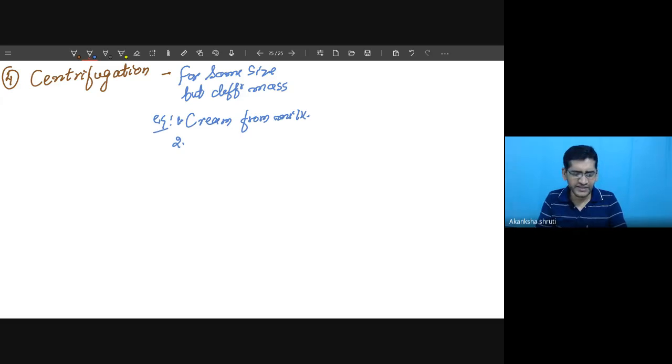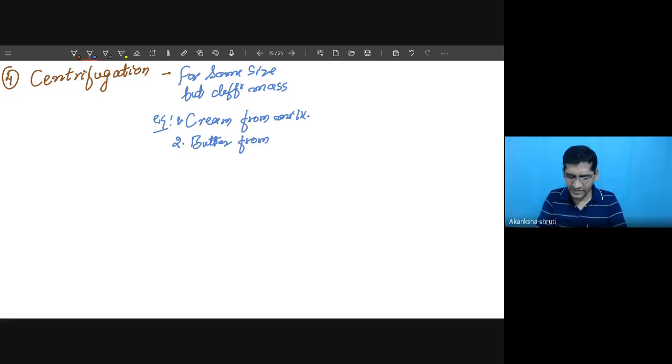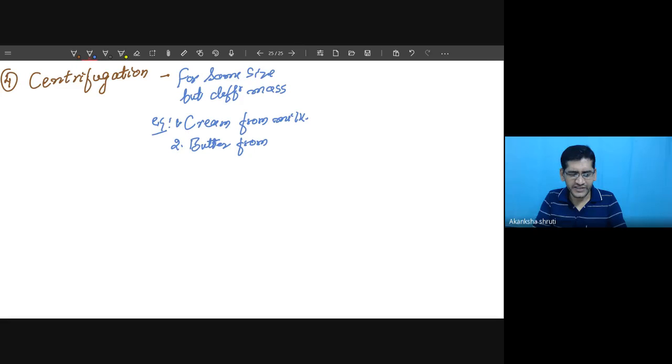The next one is the butter that you can obtain from the cheese. Sir, can we take example of blood? Yes, I will also write that. Even in blood test and urine test, this technique is used.